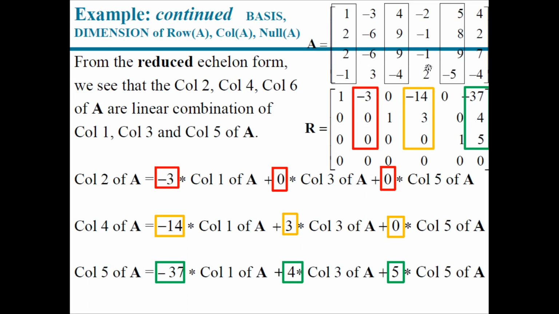Okay, so now next one, column 4. This column here is linear combination of columns 1, 3, and 5. What are the coefficients? -14, 3, and 0. So it's -14 times column 1, plus 3 times column 3, plus 0 times column 5. Ta-da!